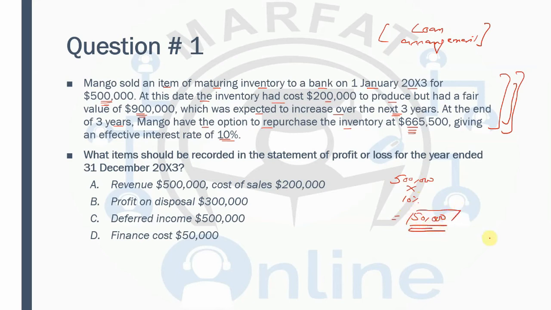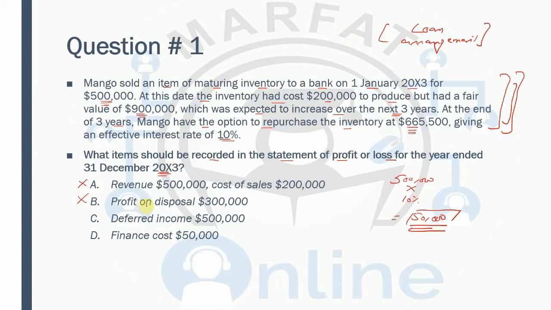for the first year. What item should be recorded in the statement of profit or loss for the year ended 31st December 2023? Can we record the revenue? No, we cannot record the revenue because the control has not been transferred. Can we record the profit? No, we cannot record the profit because this is not a disposal.